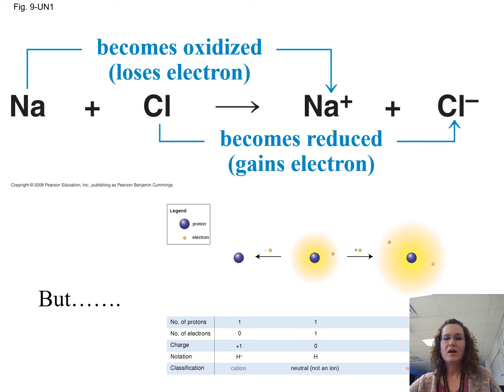On the little table at the bottom, one of the things that we talk about is hydrogen, and hydrogen is special. Hydrogen can be positive, or we can talk about electrons that are negative, so it's kind of a weird thing.